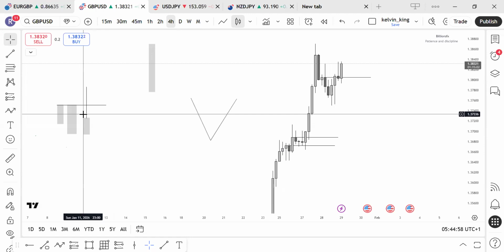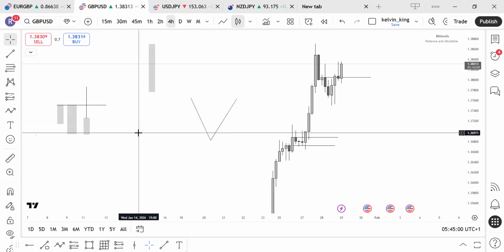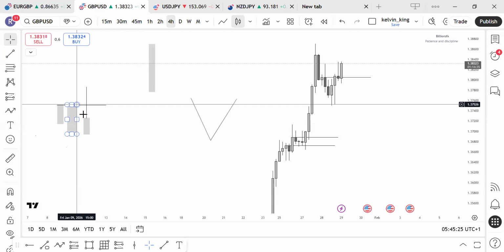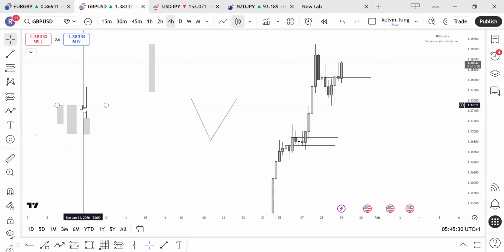Now, if you don't find it in 2 hours, it means that price is not giving you any entry to take that trade. Is it clear? But whenever you go from 4 hours to 2 hours and you're able to spot this thing, it means that price is giving you an entry to trade.